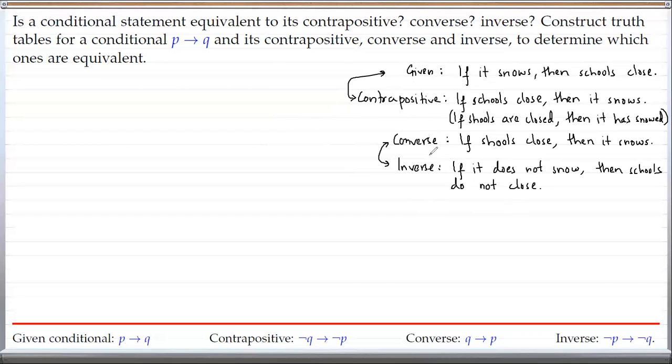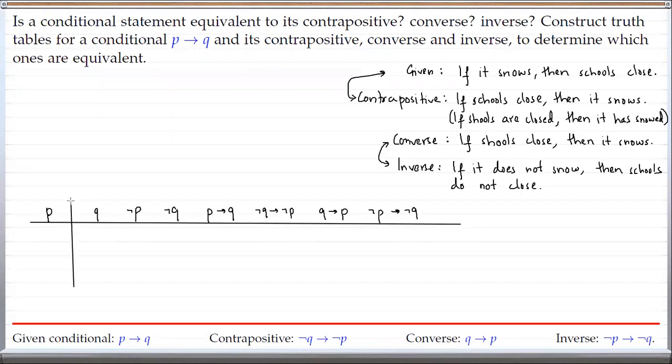So let's verify what we just saw using a truth table. I'm going to try to draw the truth table here. We have P, we need Q, we need not P, we need not Q, we need P implies Q, we need not Q implies not P, we need Q implies P, and we need not P implies not Q. So we need truth values for these combinations. Let me draw lines so that we have a table.